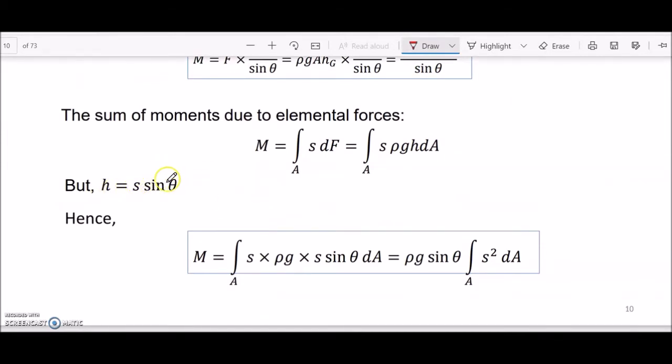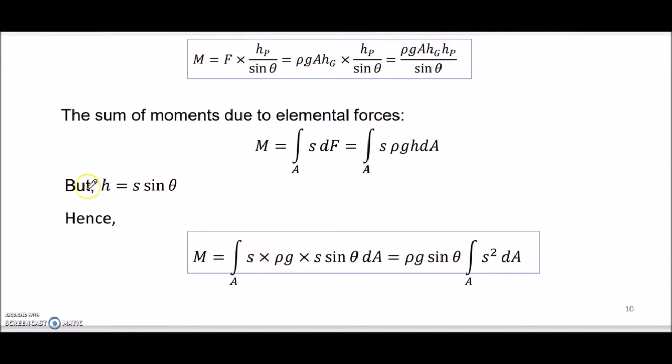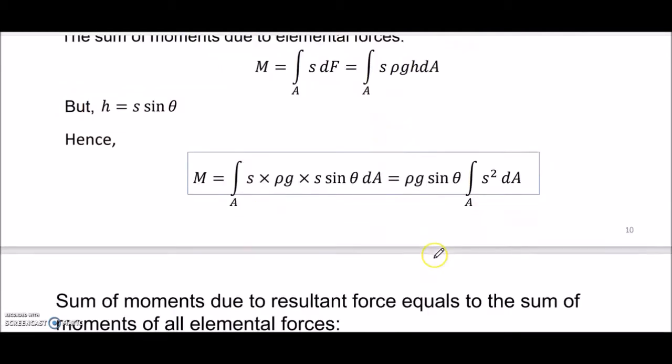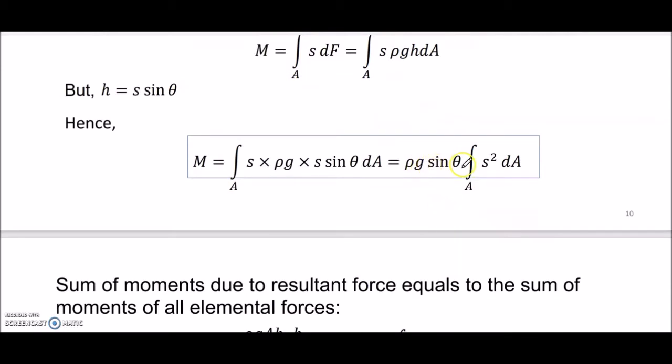So we substitute this into H, and therefore we have this equation: rho g sine theta, integrated over the area, of S square dA.